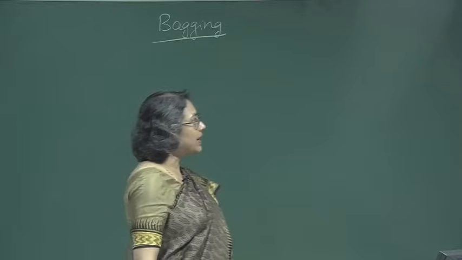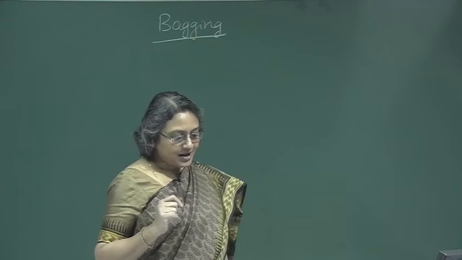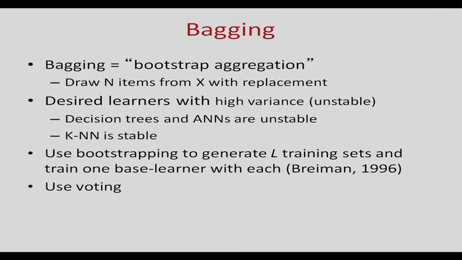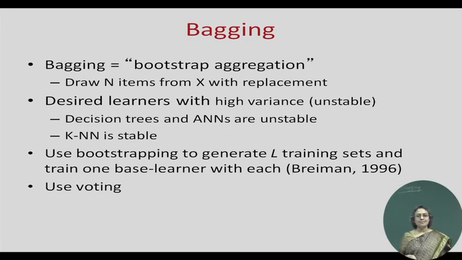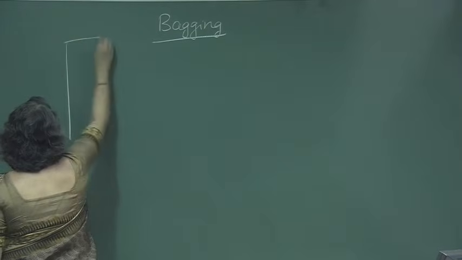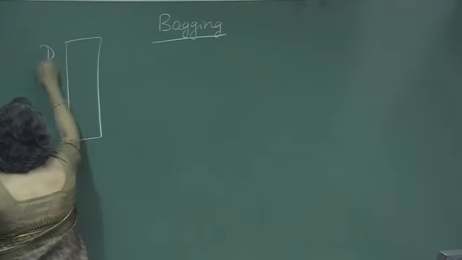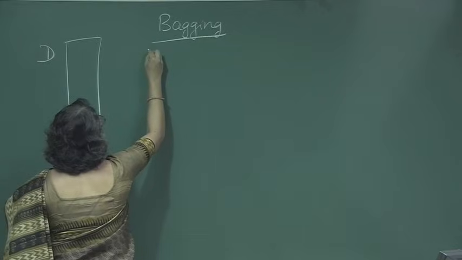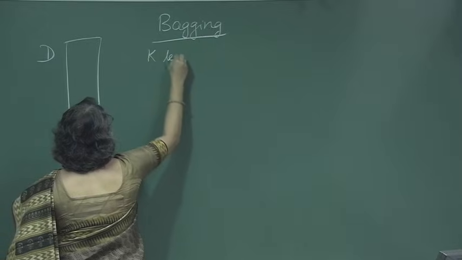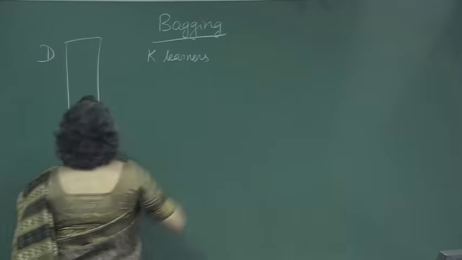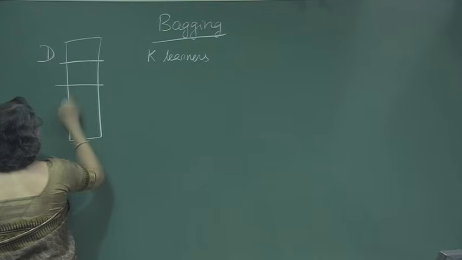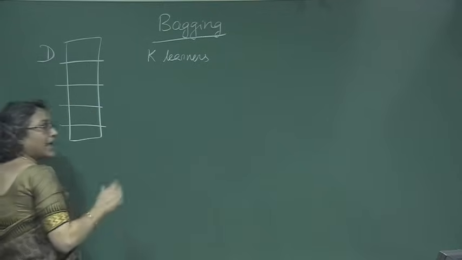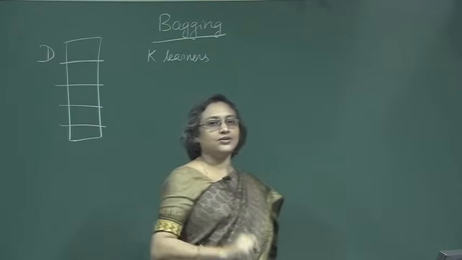Now, in bootstrap aggregation, first of all, the samples are generated such that they are different from each other. Suppose you have a training set D, and you are going to have k learners. You could split the training set into k partitions and use one for each learner.